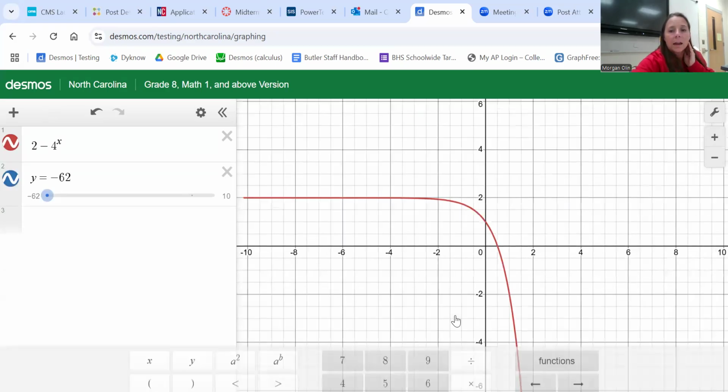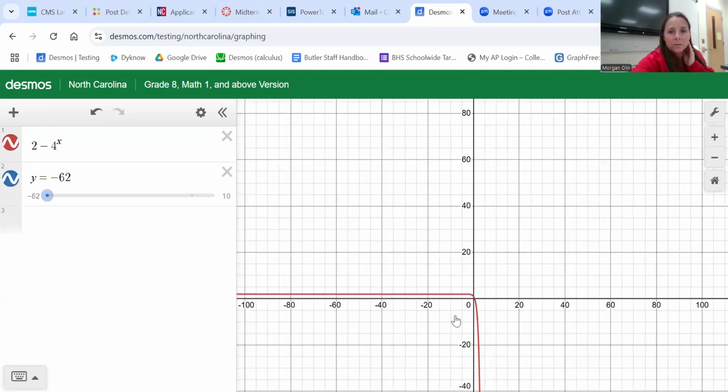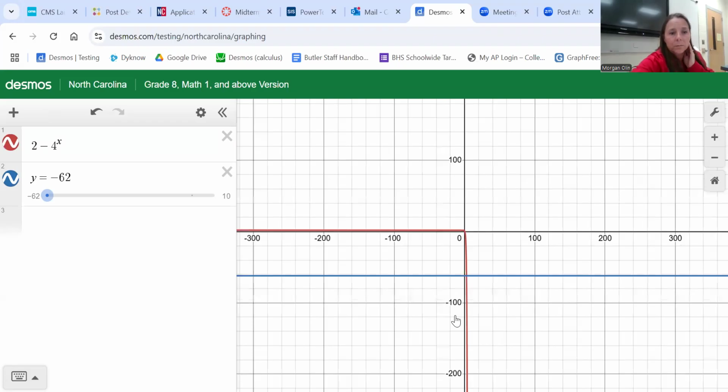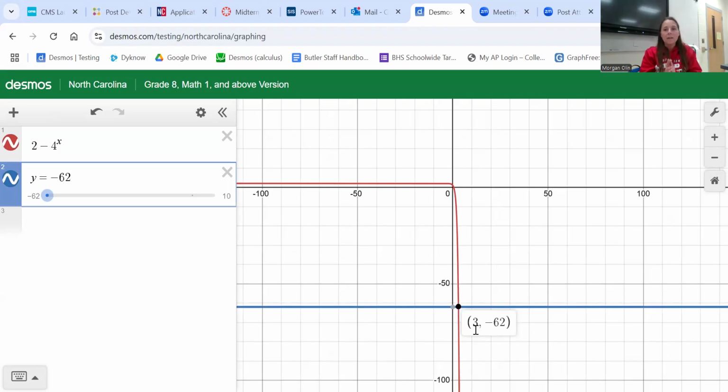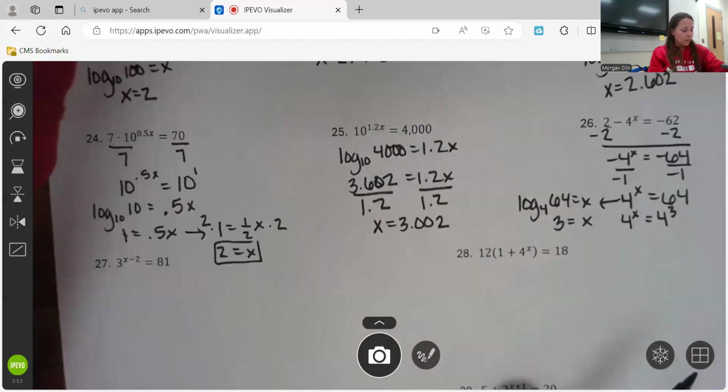All right. And you would find the intersection. Oh, there we go. Negative 62 is down here. Okay. And we see the answer is 3. And that's what we just got. But again, you have to know how to write it in log form. And that's what we are practicing today. All right. So moving right along.